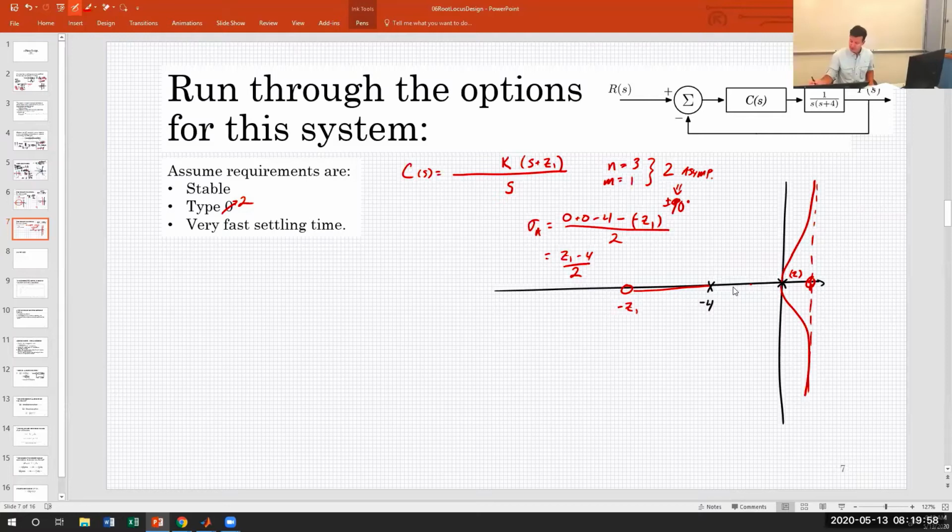But I hope that you see by doing that, maybe I can do a quick second version. If we do this now, then we get a closed loop pole in there, and we get maybe a center of mass there. This hasn't helped our settling time, has it? It's done everything. It's made it stable. It's made it type 2, but it hasn't really helped our settling time.